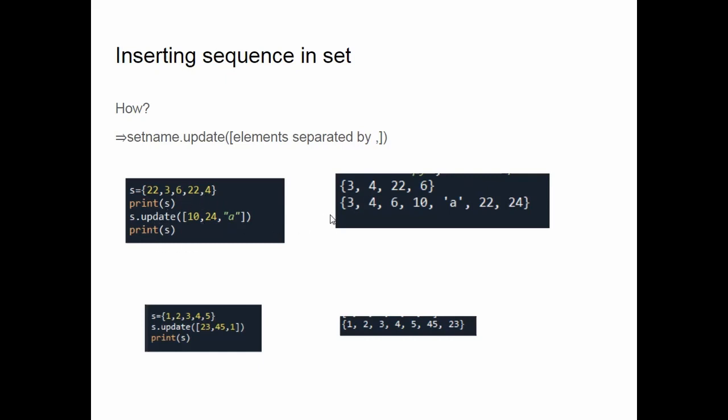After updating, we see that 10, 22 and a are stored anywhere in the set. Again we have new elements 23, 44, 45 and 1 to be inserted in s. How they are inserted is not fixed, because the position is not fixed; with update or add, the element can be stored randomly anywhere in the set.